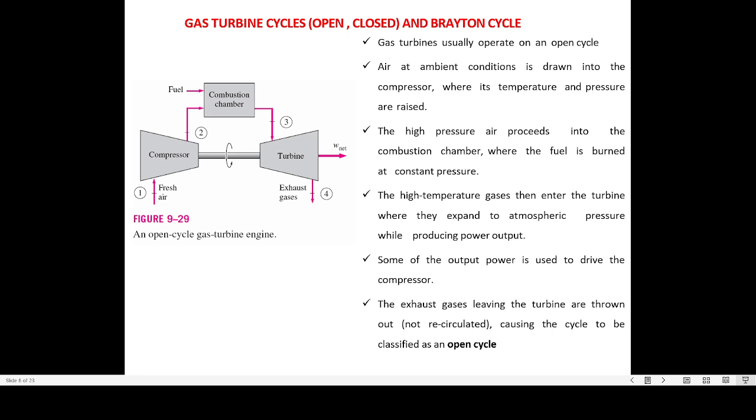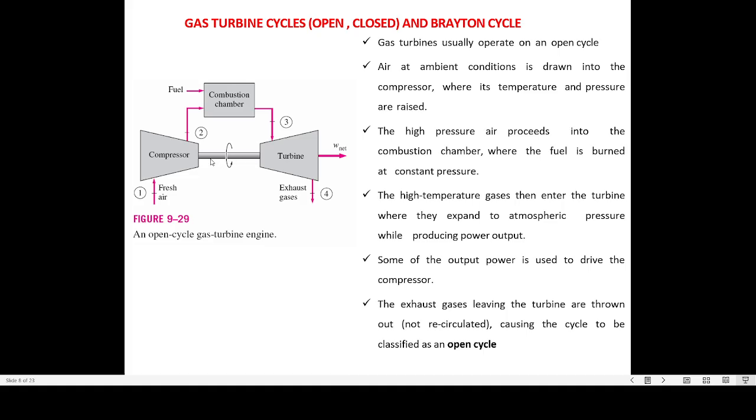As I have mentioned, there are two gas turbine cycles that are important to us. We'll focus on one of the cycles, the open cycle gas turbine, and the other is the closed cycle gas turbine. The block diagram on the left hand side is for the open cycle gas turbine, and we see here a compressor, a combustion chamber, and a turbine.